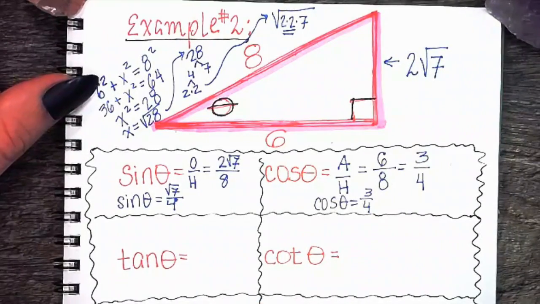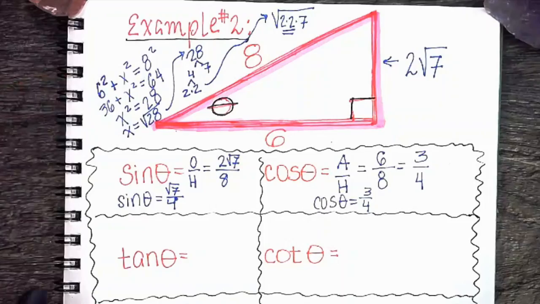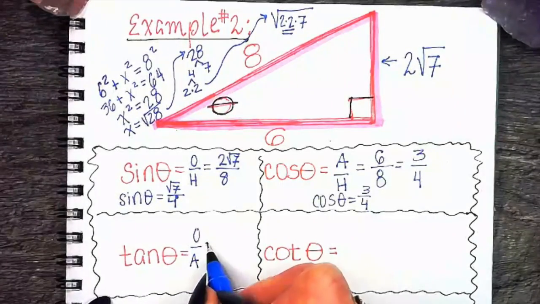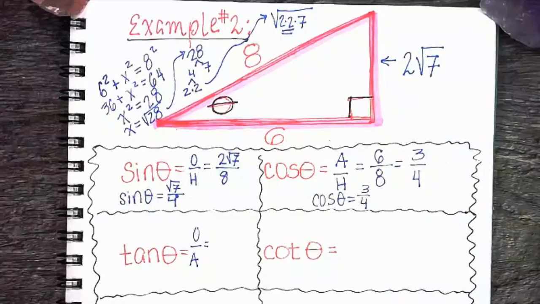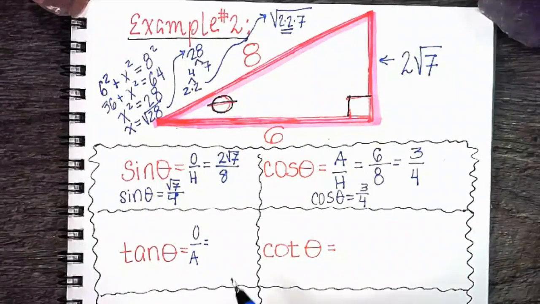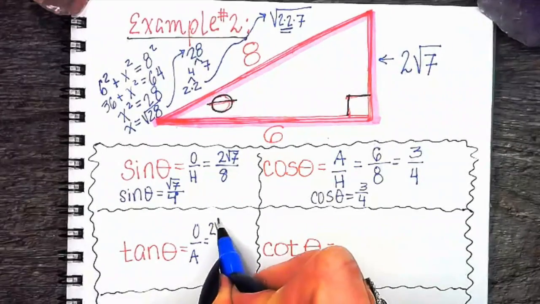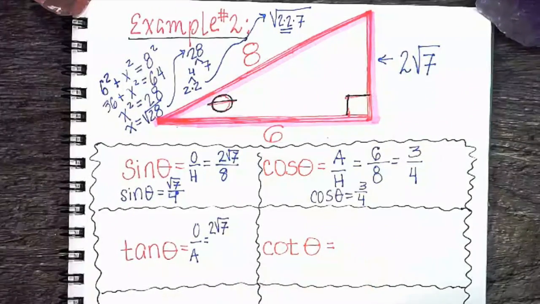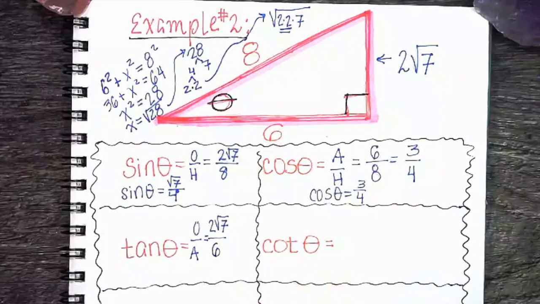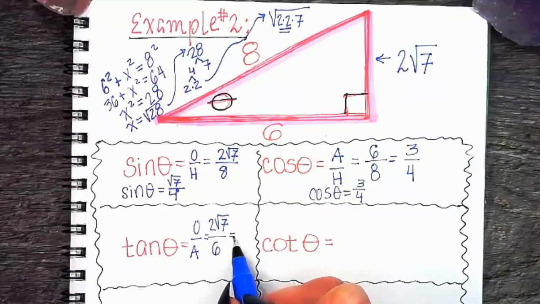What's the ratio for tangent? Tangent's ratio is opposite over adjacent. Which side is opposite of theta? Which side is the adjacent? How does this answer reduce?